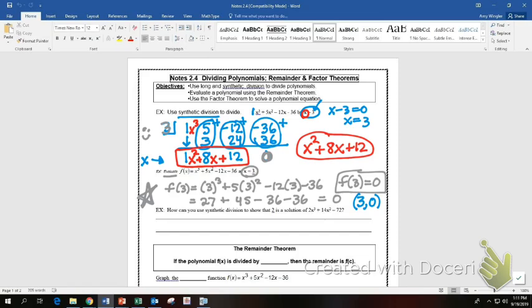If we get a remainder of 0, whatever we put inside the box is an x-intercept of the function.